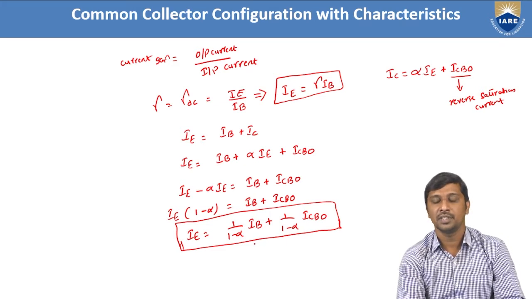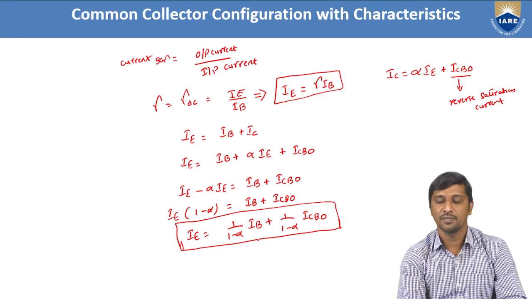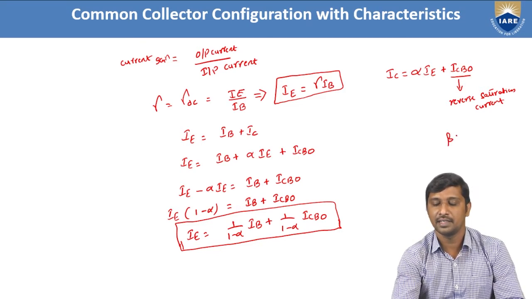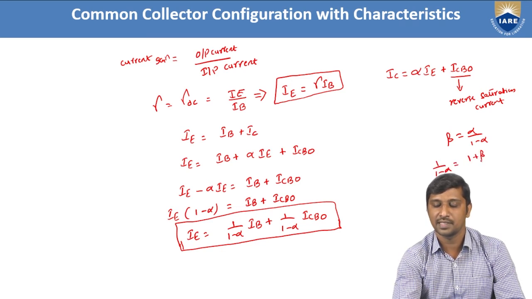And we know from the common emitter configuration analysis that we defined beta as alpha by 1 minus alpha. And again, 1 by 1 minus alpha is equal to 1 plus beta. Why? Because 1 plus beta means 1 plus alpha by 1 minus alpha.